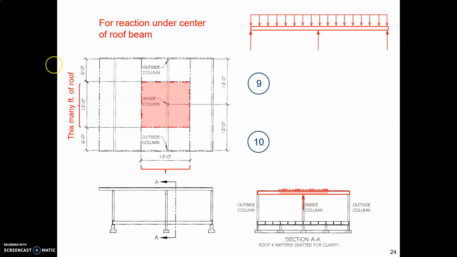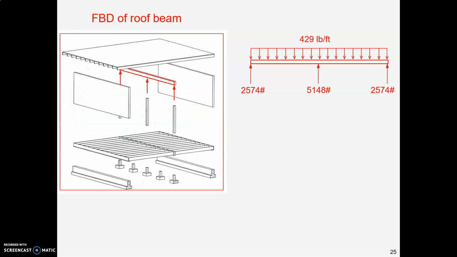That must be 156 square feet. All right. And what is 156 square feet times 33 pounds per square foot, which is what our roof weighs? If you punch that into your calculator, you will find out that is 5148 pounds.